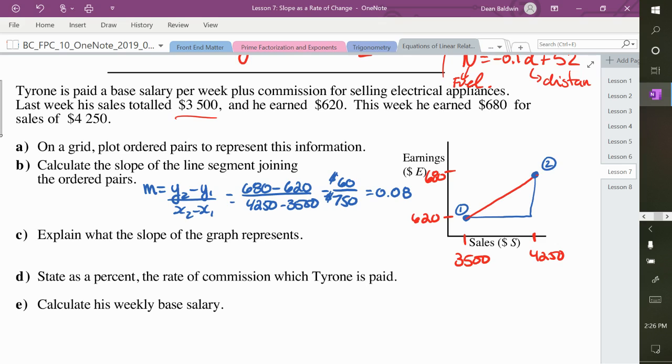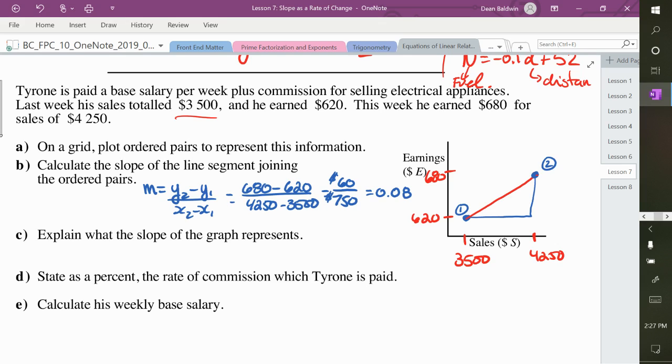What does the slope of the line, what does 0.08 represent? If you sell something on commission, do we know what that means? It means if you sell, I don't know, $100 worth of stuff and you get 5% commission, you make $5, right?